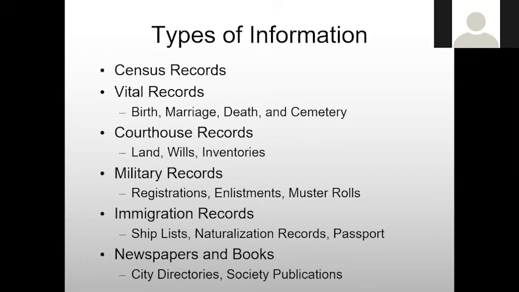Wills are another big thing that are in the courthouse. Some of them are appearing on the internet, but many of them are still available at the courthouse. Wills are going to tell you who received property, whether it be real or land records or inventory information.